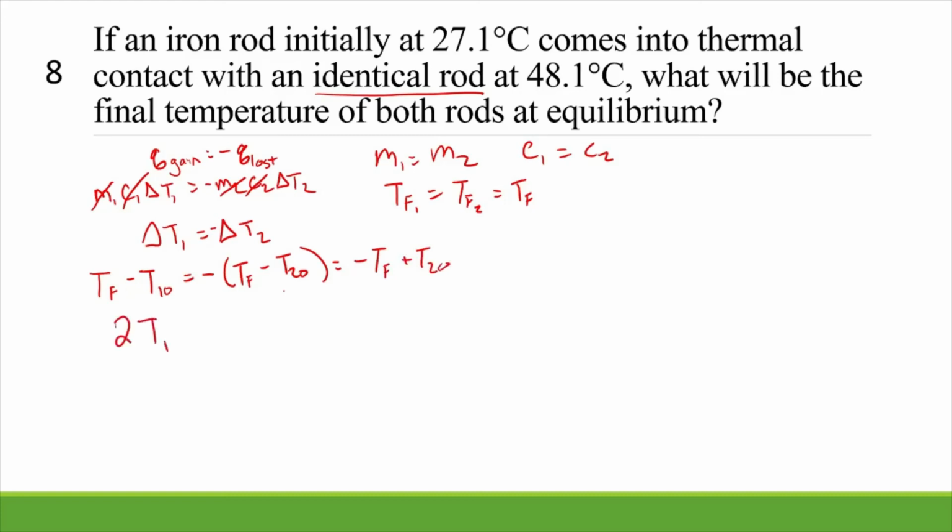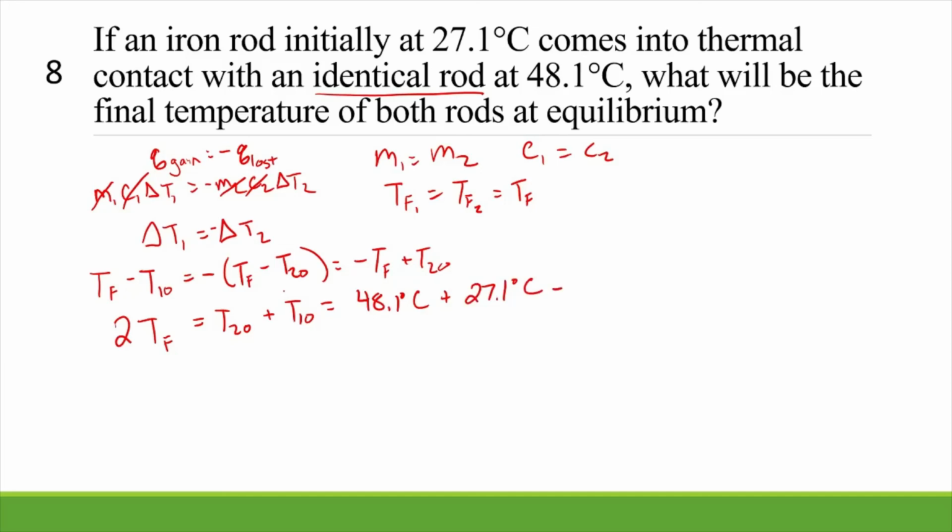That gives us 2TF, and put the initials on one side, is equal to T2 initial plus T1 initial. And T2 initial is 48.1 degrees Celsius plus T1, 27.1 degrees Celsius.